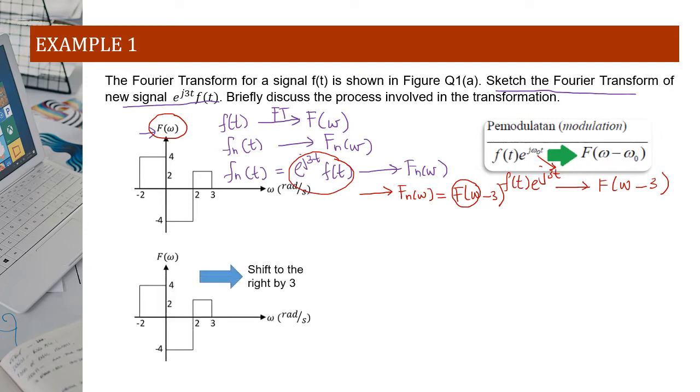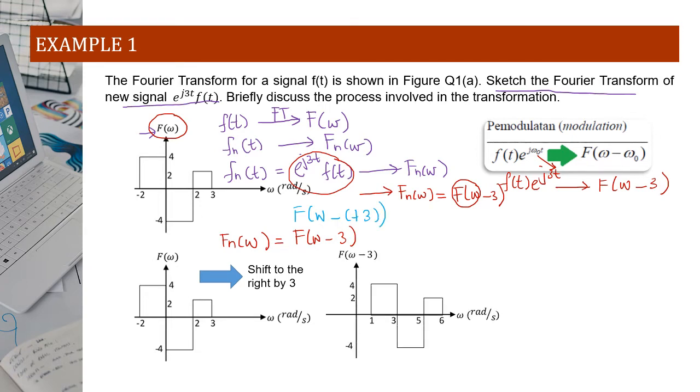F_n(omega) equals F(omega minus positive 3), so the signal will be shifted to the right by 3. Hence the final output looks like this.